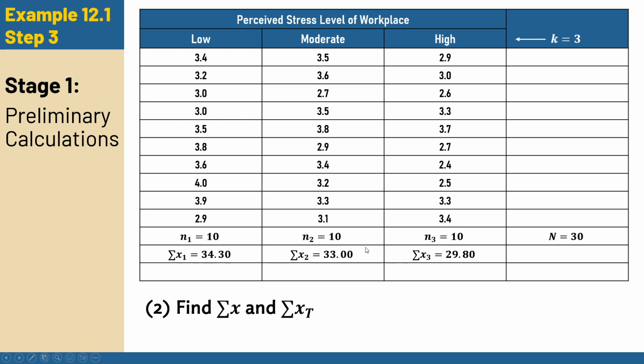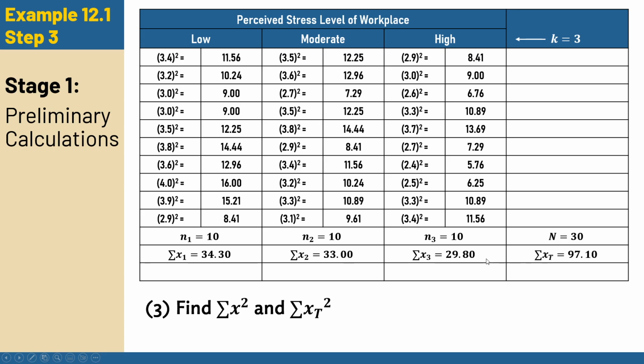And then we'll get that for each of these groups. Right, so we'll have 34.3, 33, and 29.8. All right, so we've done that. And then the sum of x total is essentially just adding up those 3: sigma x1, sigma x2, and sigma x3, 34.3 plus 33 plus 29.8, and we'll get this value.